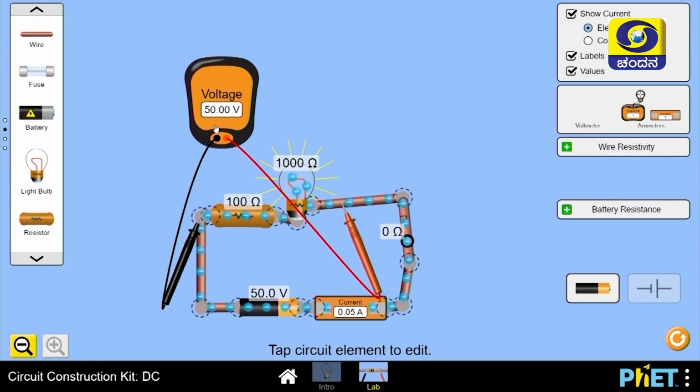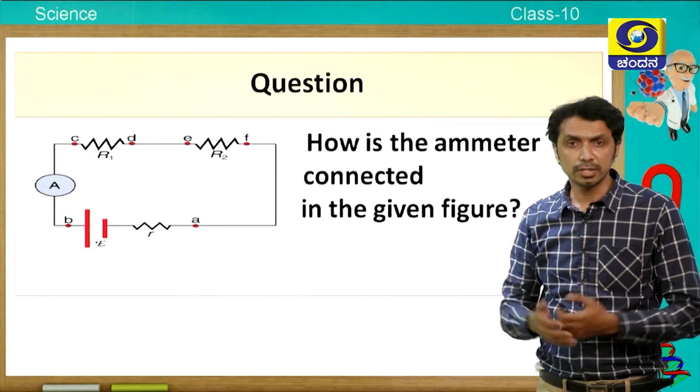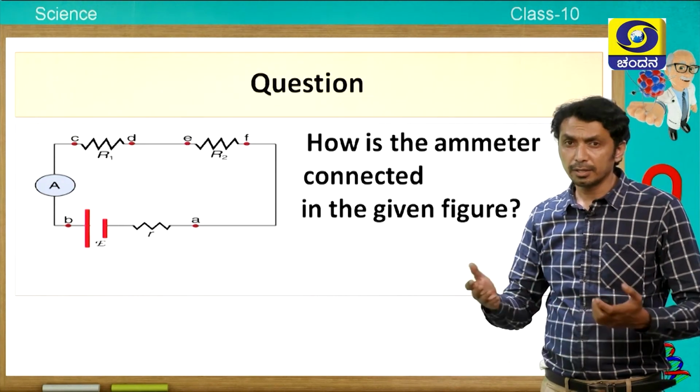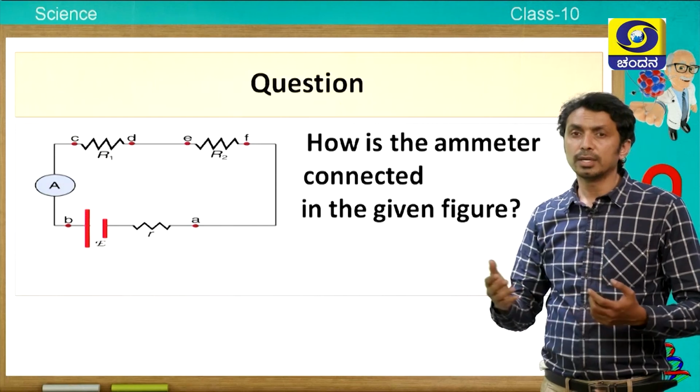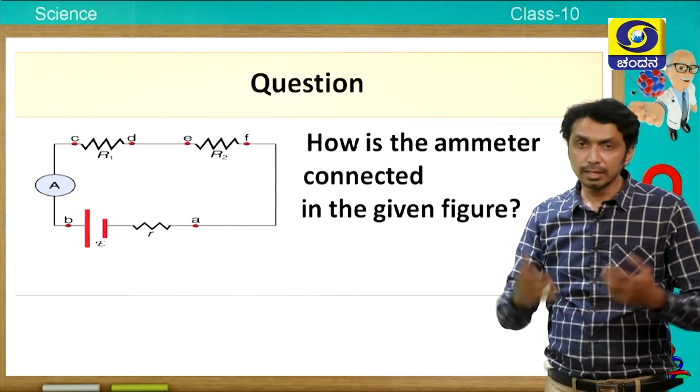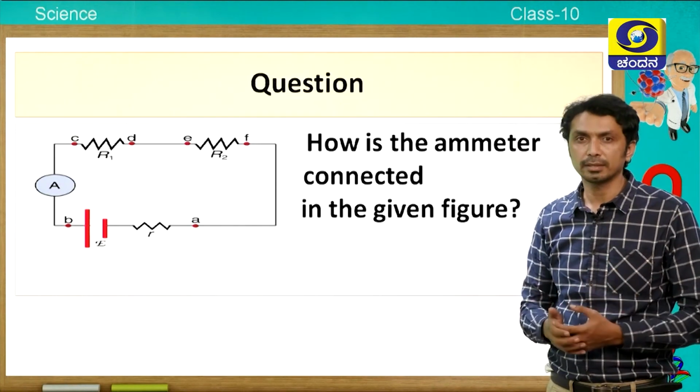So, we have learned through this experiment what is a series connection and what is a parallel connection for ammeter and voltmeter. Children, you just saw this activity. Here we saw how the ammeter was connected in the circuit, in what manner.